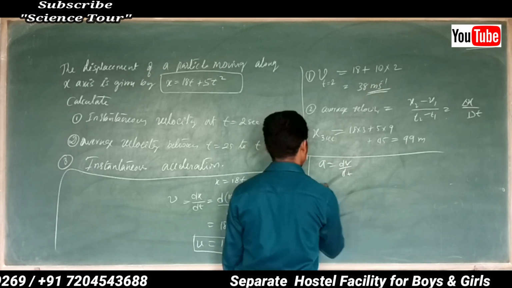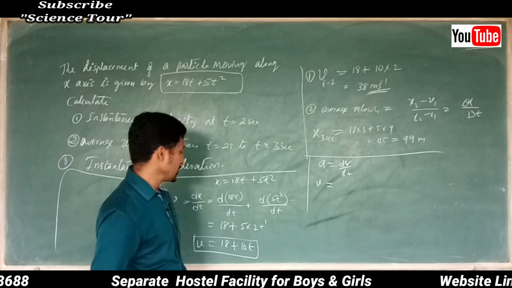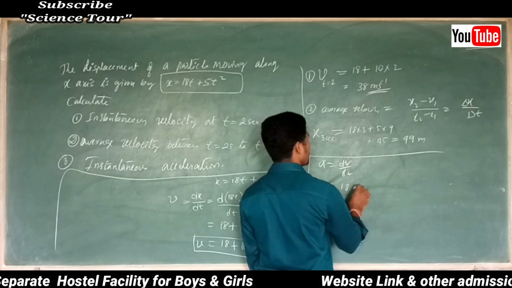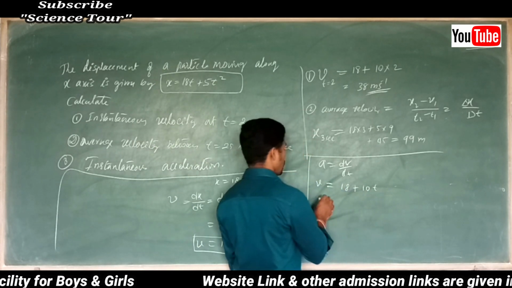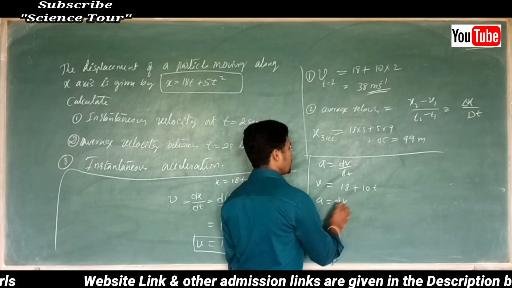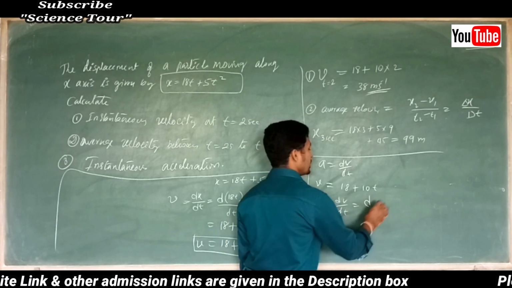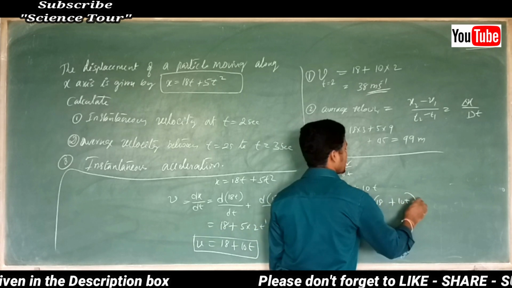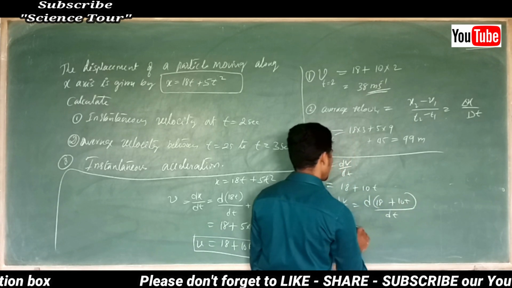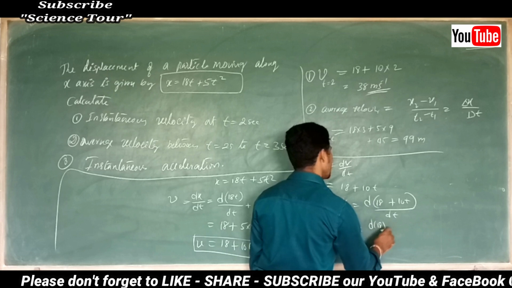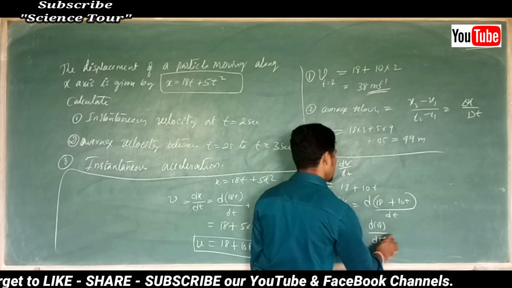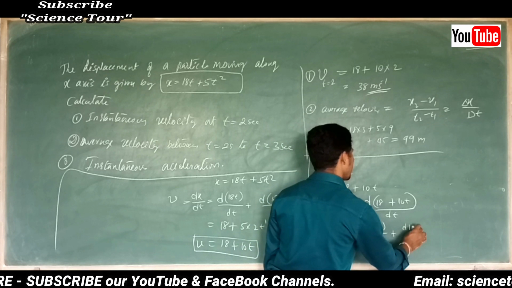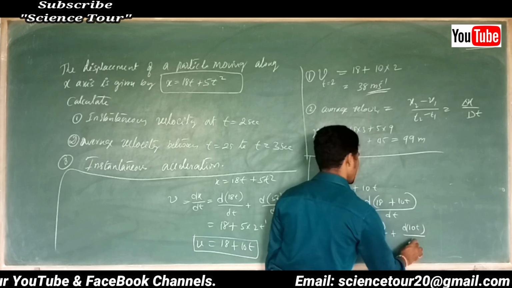So what is v? v we know, that is 18 plus 10t. So acceleration is equal to dv by dt, which is equal to d of 18 plus 10t divided by dt. Separately you have to write down d of 18 by dt plus d of 10t by dt.